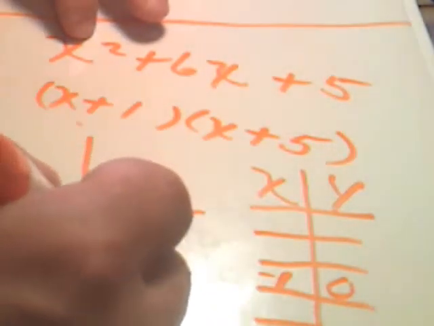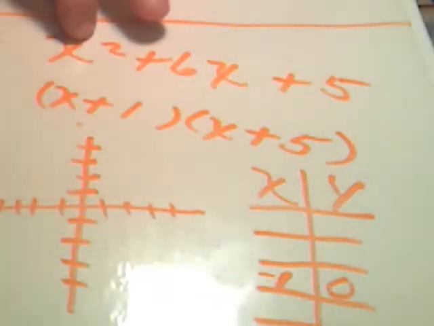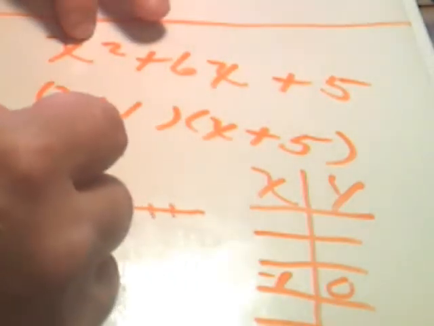So our first point is at -1, 0. So here's -1, 0.